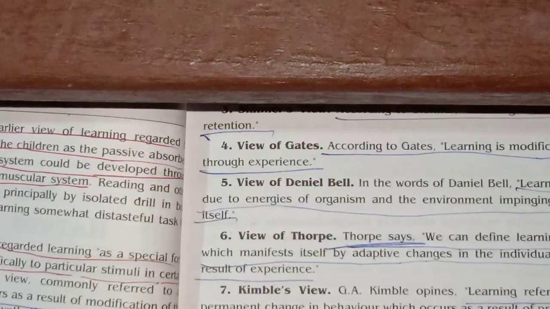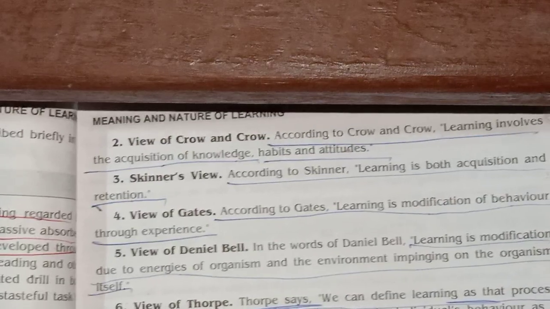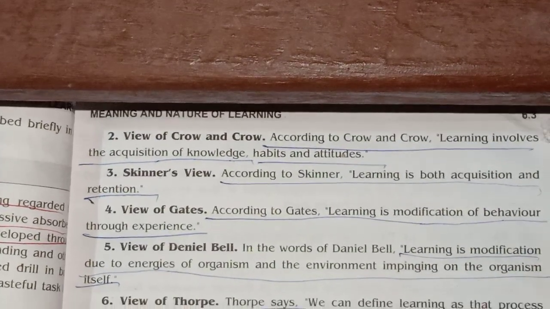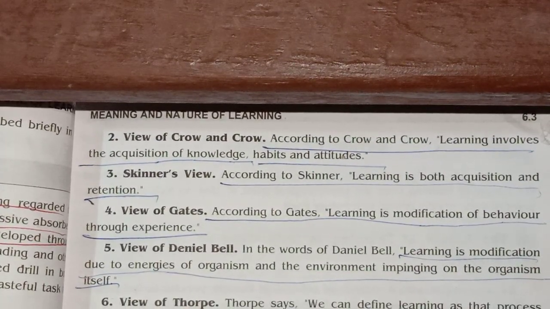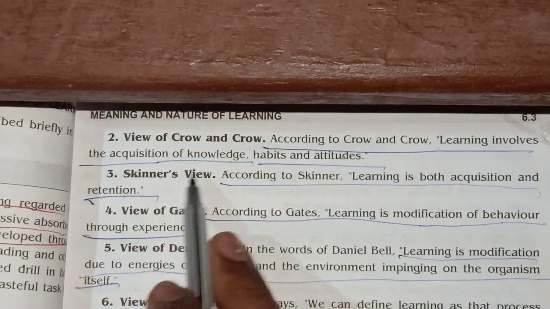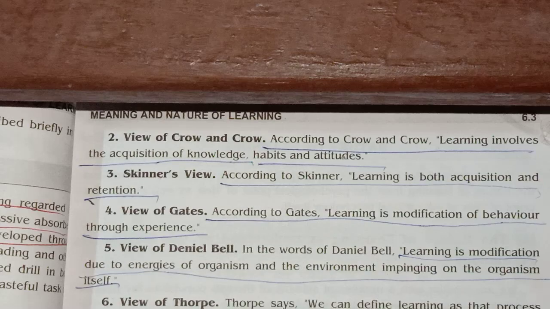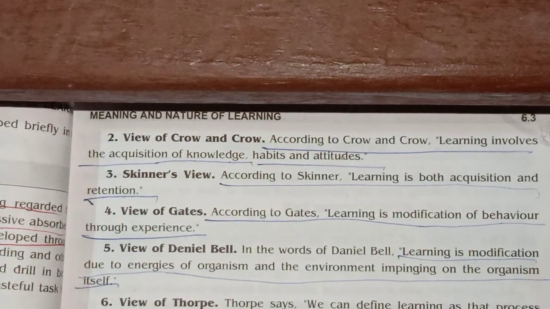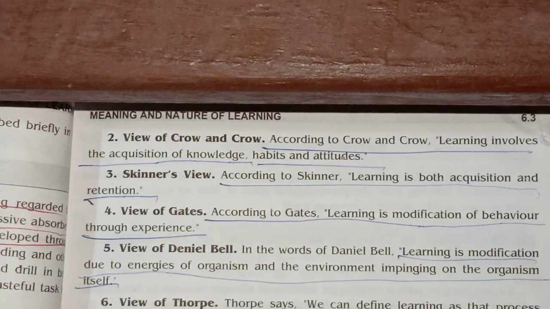Then second, the view of Crow and Crow. According to Crow and Crow, learning involves the acquisition of knowledge, habits, and attitudes. Acquisition of knowledge. What is knowledge? Information, experience, all these things are included in knowledge.